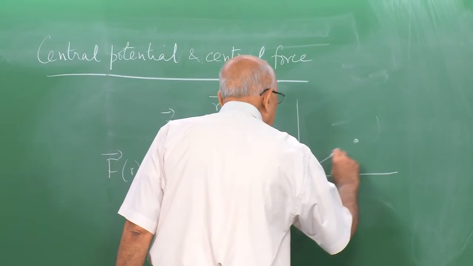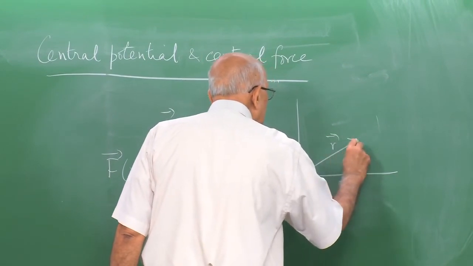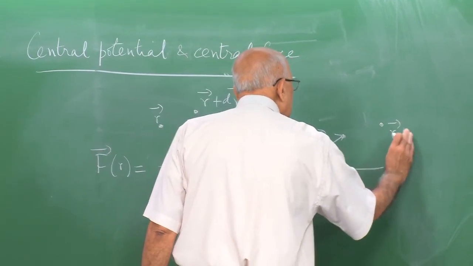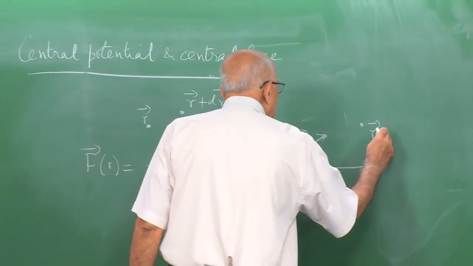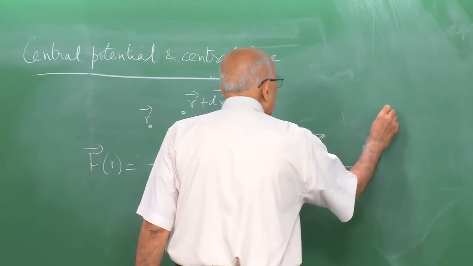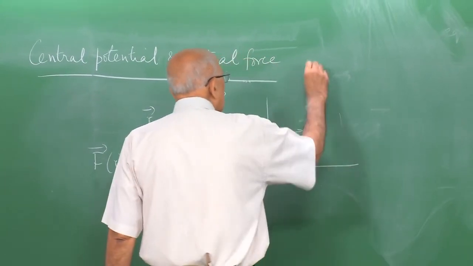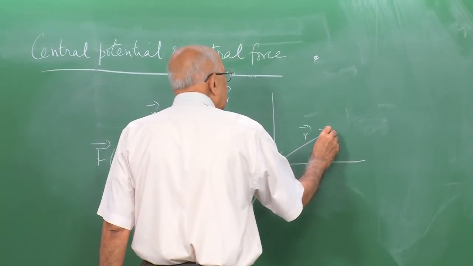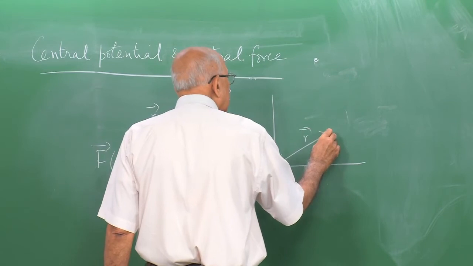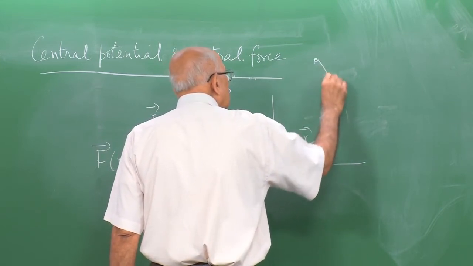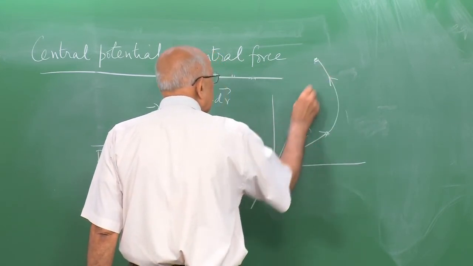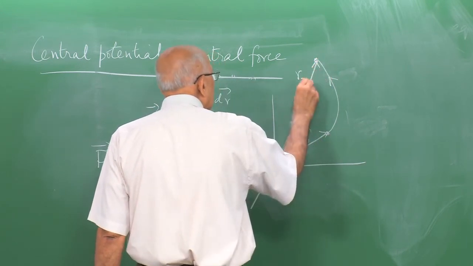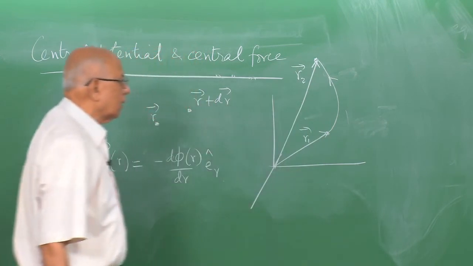Here's the point r vector, and let's suppose you move to some other point, some finite distance away, along some prescribed path. So I move in this fashion to this point here, and let's start with r1 and I move to r2 in this fashion.